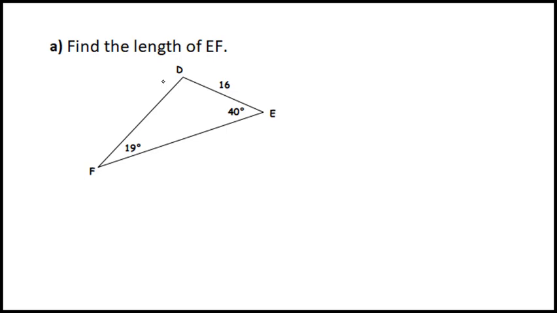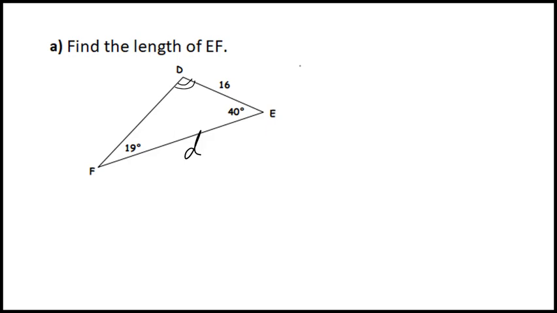Let's go to an example. Find the length of EF. That's basically d here. We need to figure out the corresponding angle to this EF, which will be angle D. As we know, the sum of all angles in a triangle is 180.